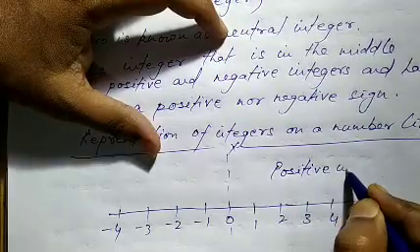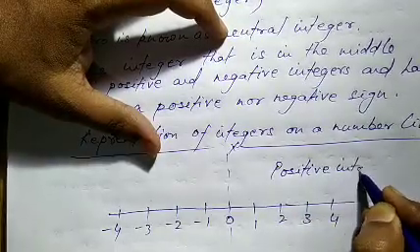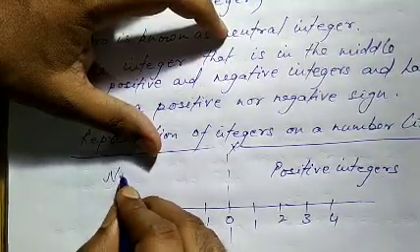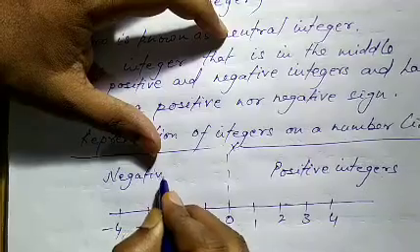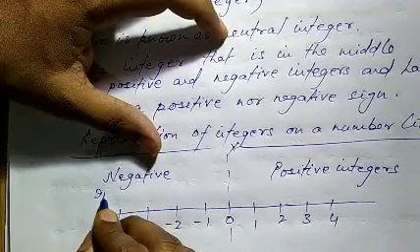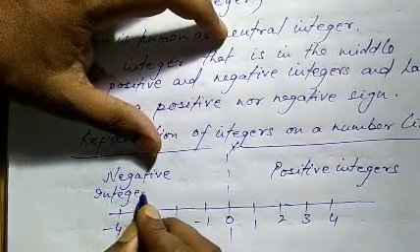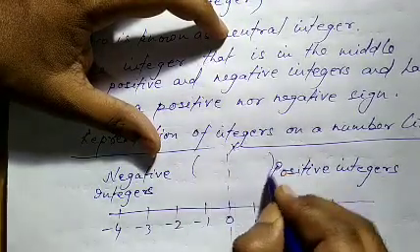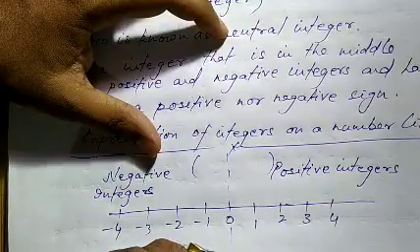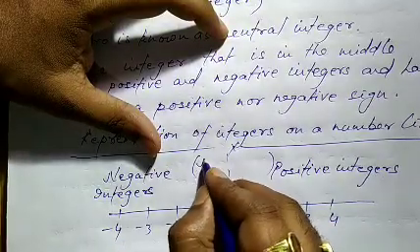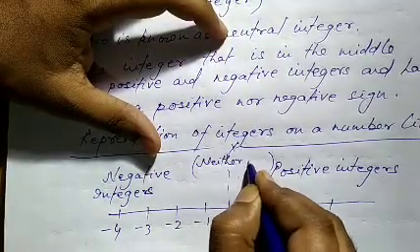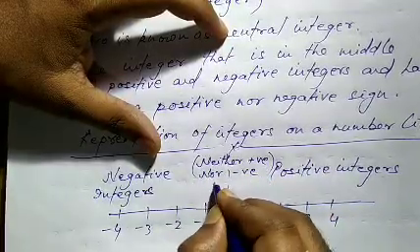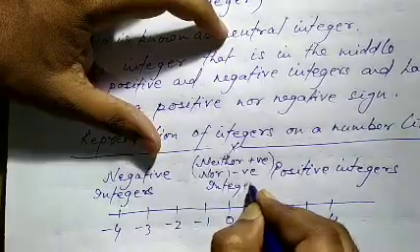Positive integers. These all are called negative integers, and zero is what? Neither positive nor negative integer.